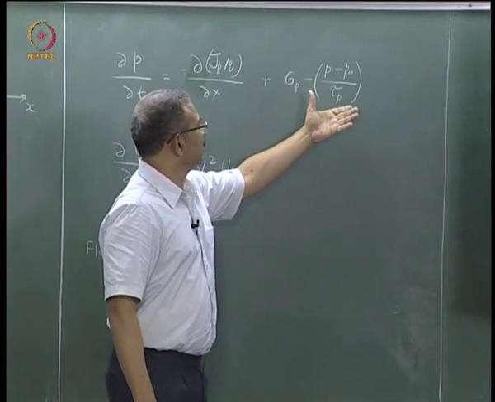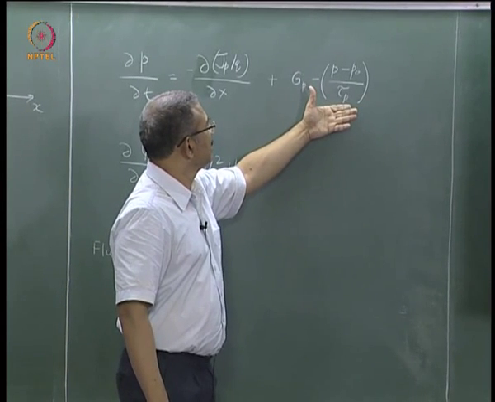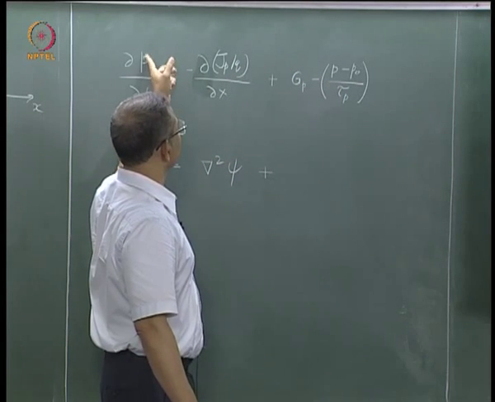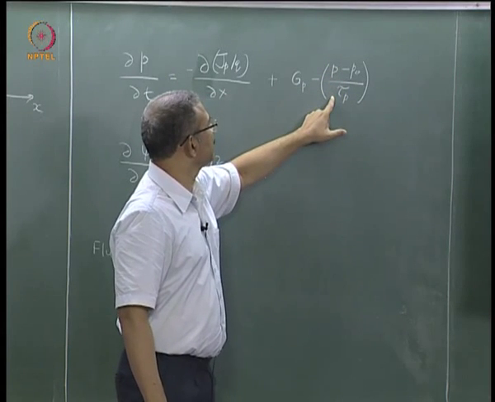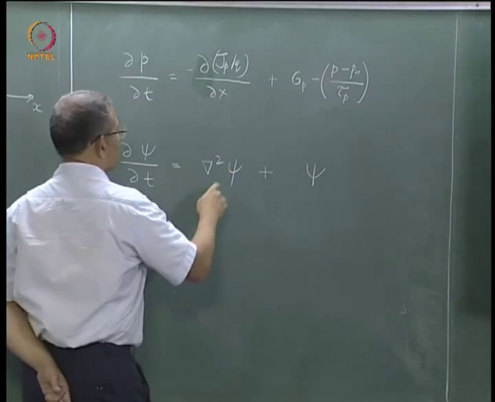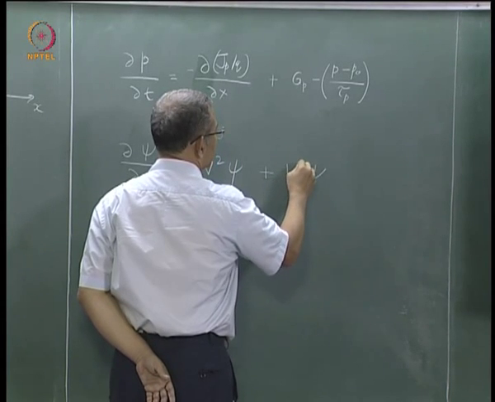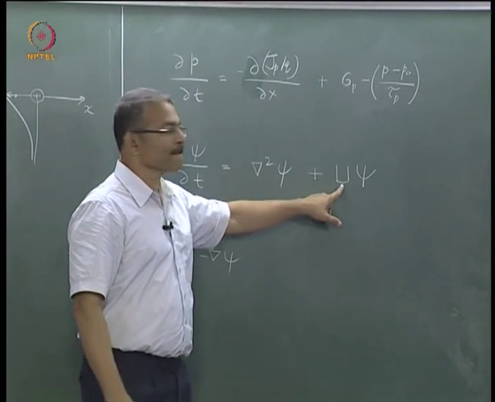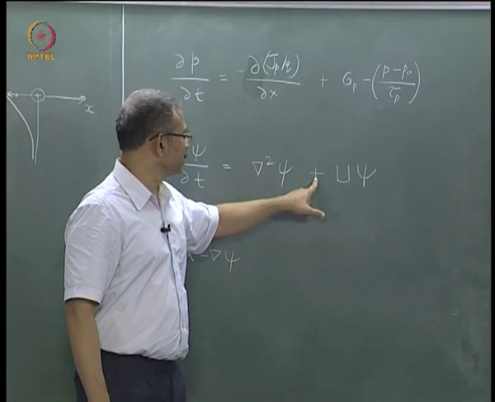Now following this approach, you find that, for example, the sink term here consists of the quantity P, for which we are writing the equation, multiplied by a constant, that is 1 by tau P. So here similarly there will be a term proportional to psi, and it turns out the proportionality here is the potential energy U. So this generates probability, therefore there is a positive sign here.